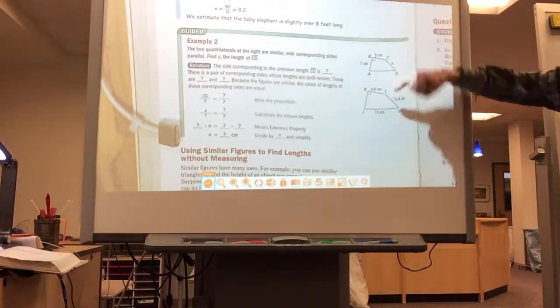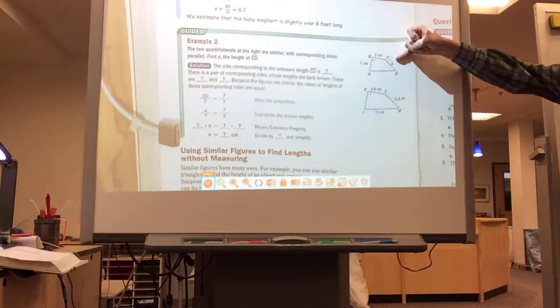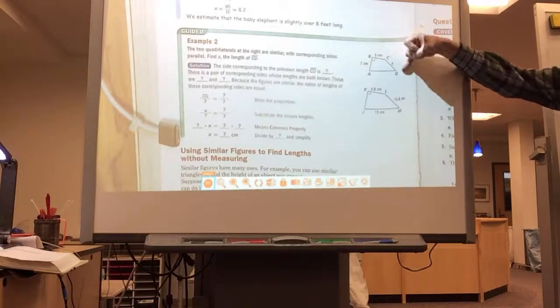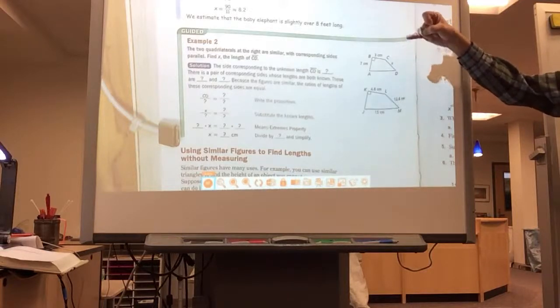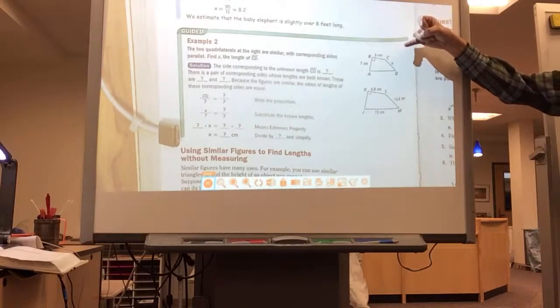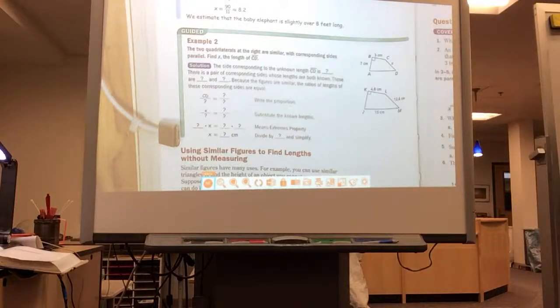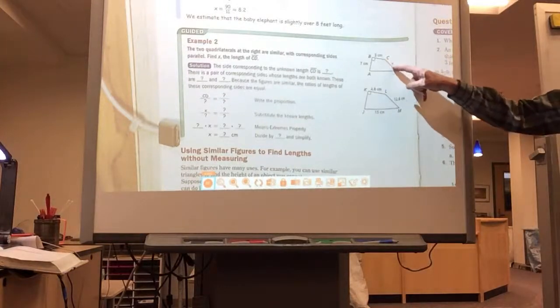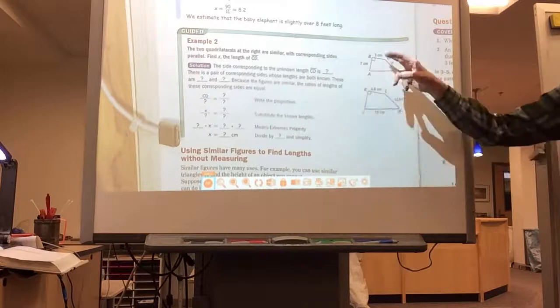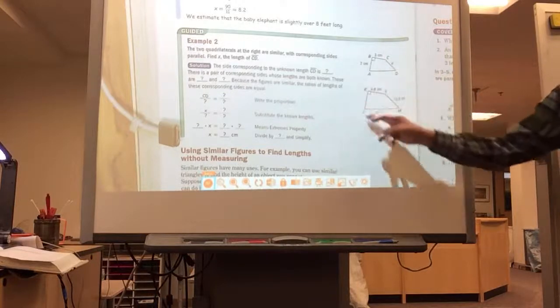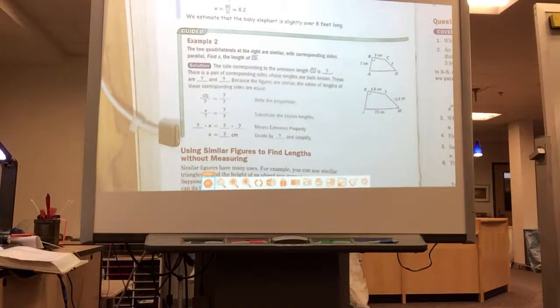And then we have to look back at the other polygon and ask ourselves, which side corresponds to CD? And which would that be? So the side CD corresponds to which side of the larger figure on the bottom?